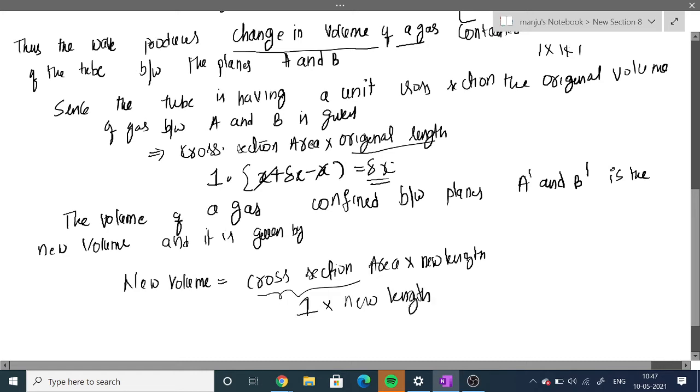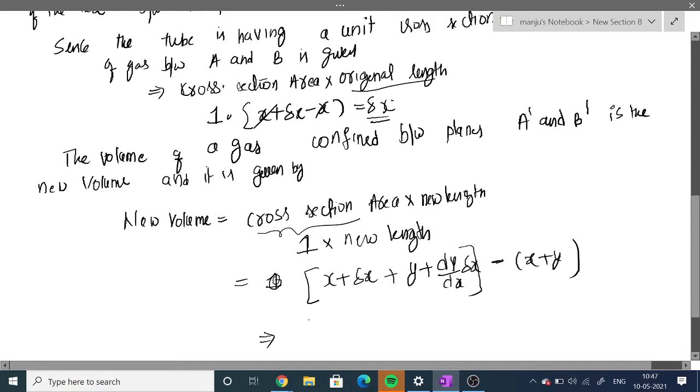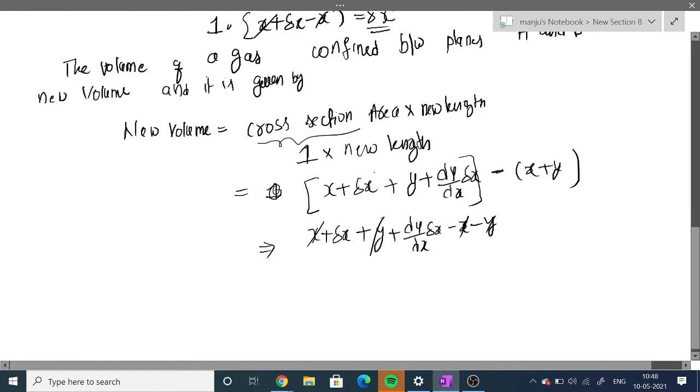Now let us find what that new length is. The new length is 1 into x plus delta x plus y plus dy by dx into delta x, minus x plus y. On simplifying, x cancels and y cancels, and the remaining is delta x plus dy by dx into delta x.